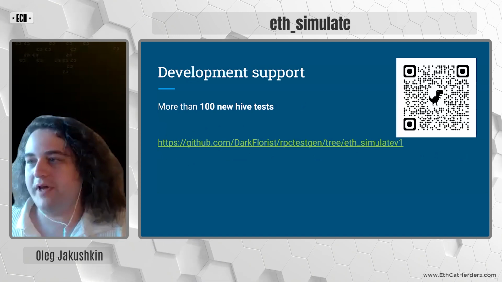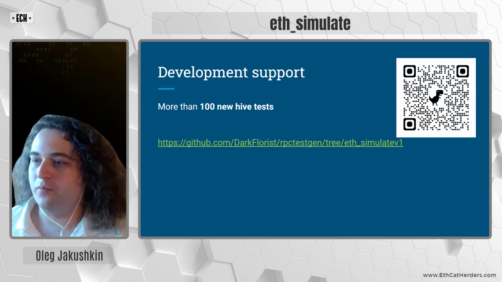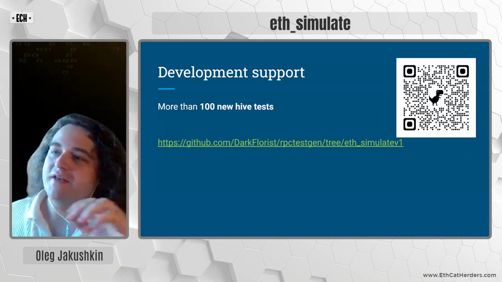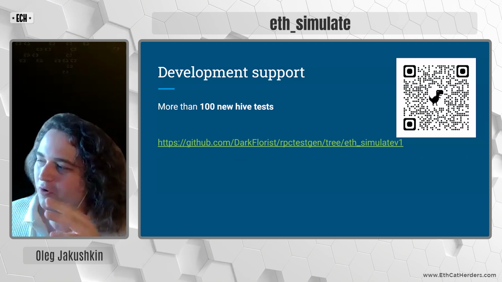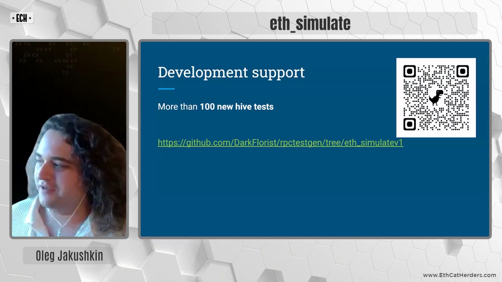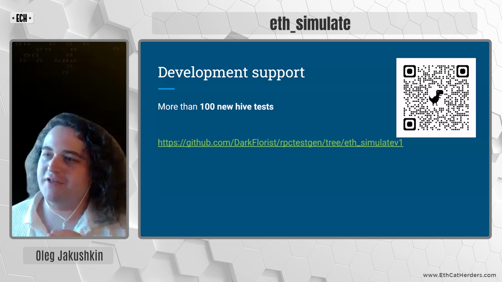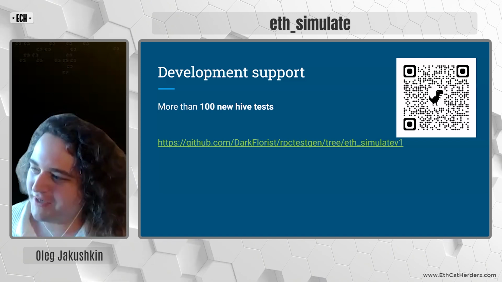And we've got great development support from Killari's team, and we've got more than 100 Hive tests that are testing various aspects of what can actually happen on this subchain that is growing from our tree. You can imagine various situations that shall go wrong, shall go right, shall be interconnected with one another.